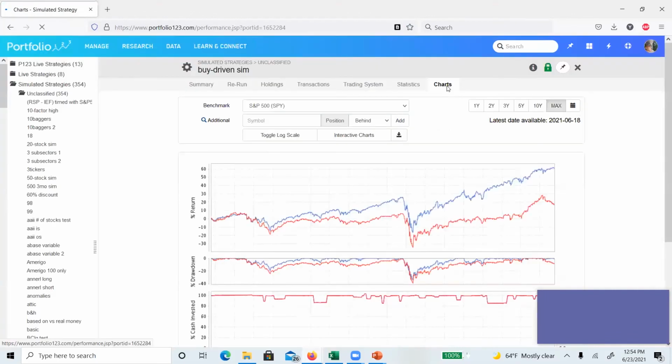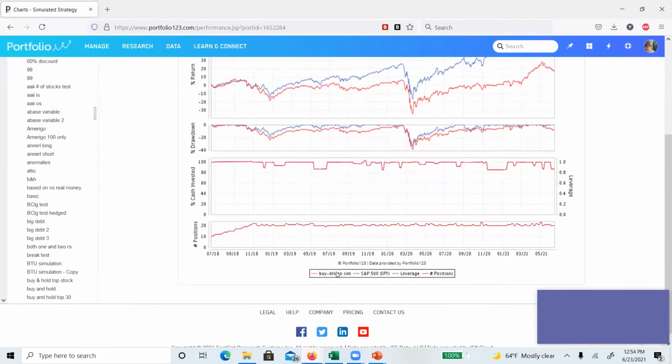But I'm just going to show you the charts here. As you can see, the cash invested stays pretty close to 100%. Occasionally, it dips down to 85, and the number of positions starts at 10 and then climbs up to 20 and stays around 20, but occasionally it'll go up to 23. That's just because we don't have an extremely precise way of doing buy-driven simulations.